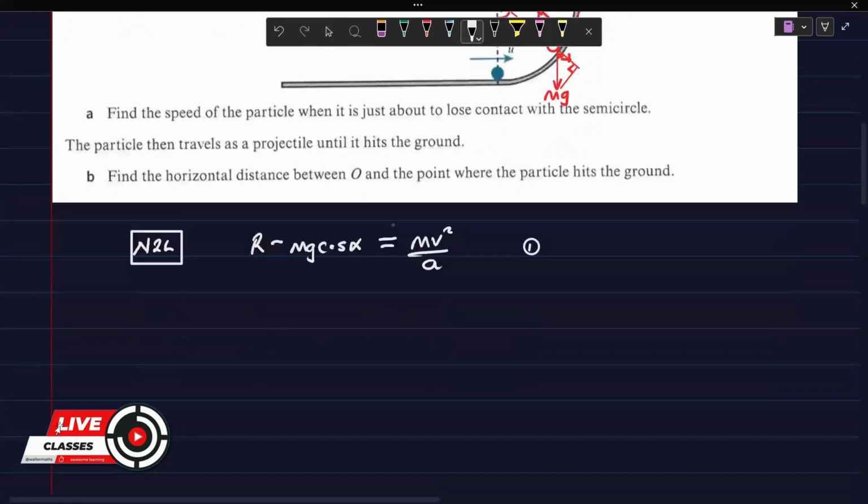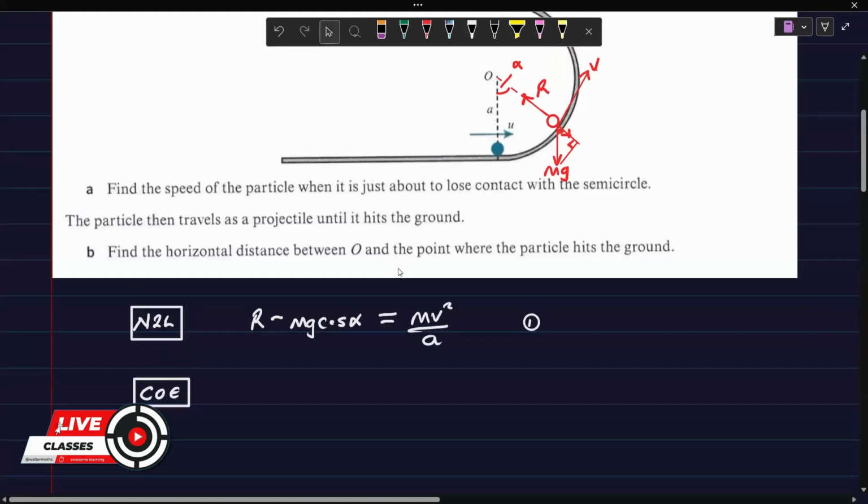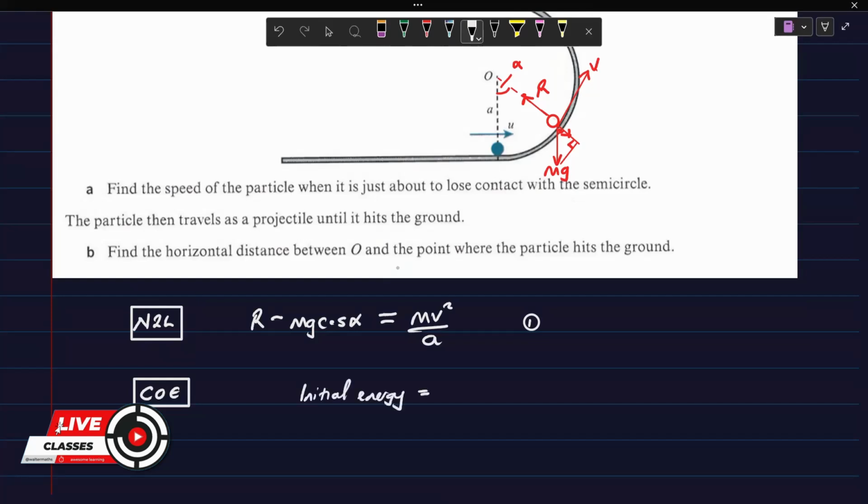Let's also consider the principle of conservation of energy. When we talk of the conservation of energy, we are saying that initial energy is equal to final energy. Initial energy is the energy when the particle was initially projected, and final energy is the energy of the particle at the general point.